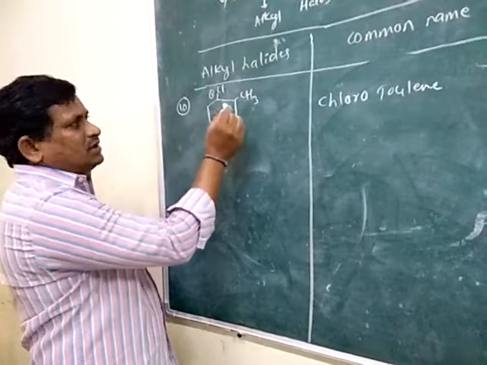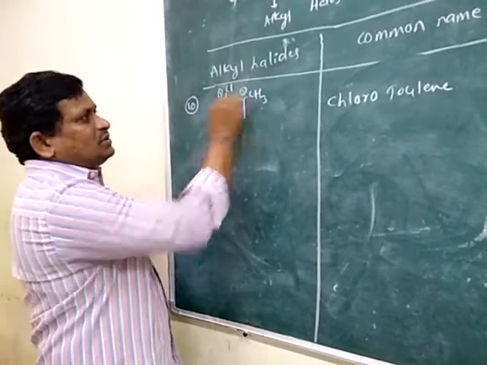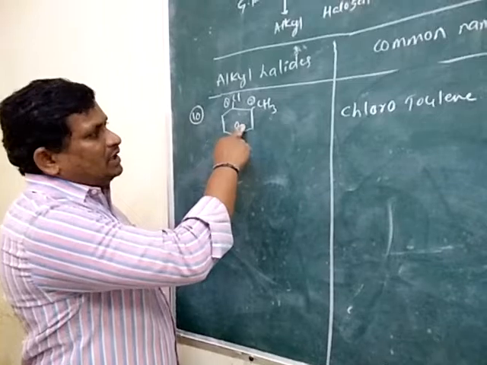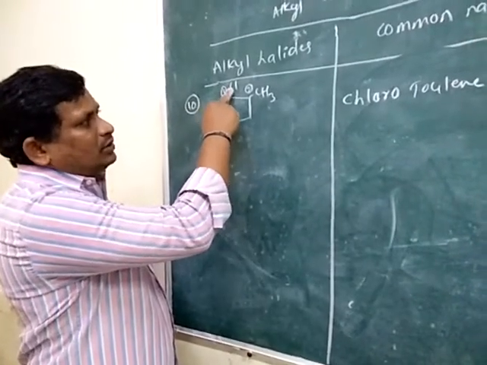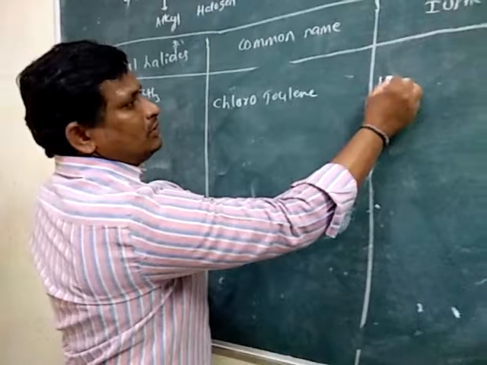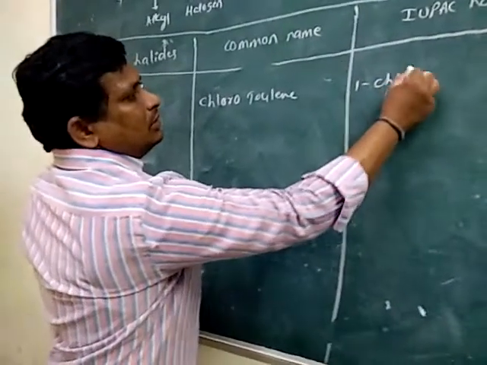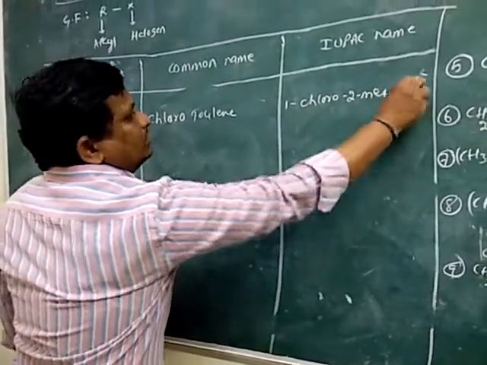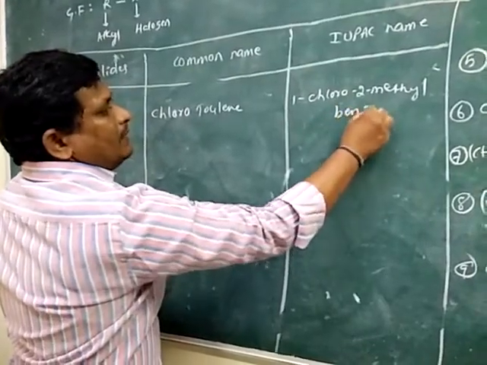Chlorine is at the first carbon, the methyl group is at the second carbon. So the IUPAC name of the compound is 1-chloro-2-methylbenzene.